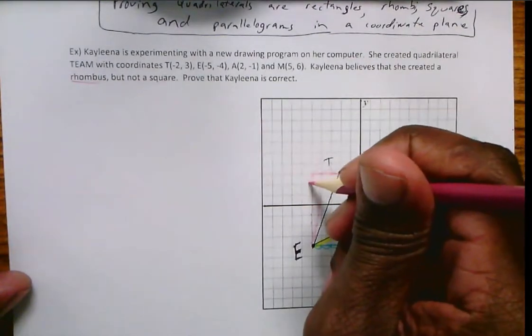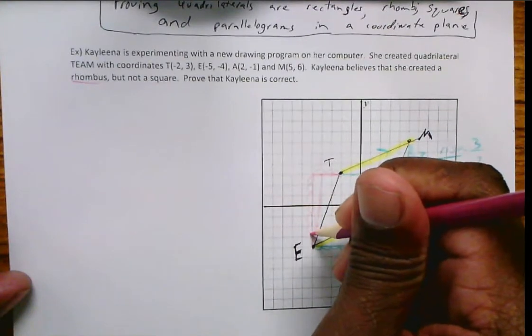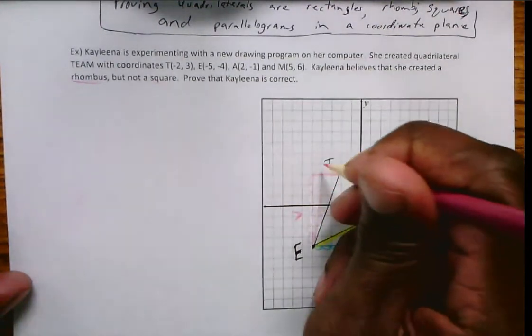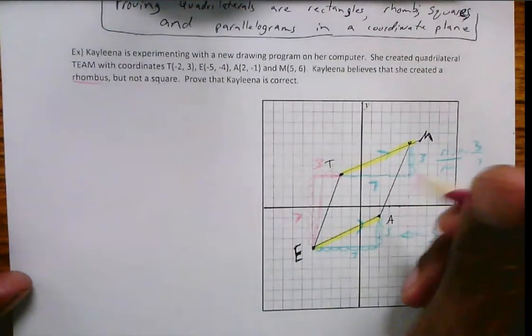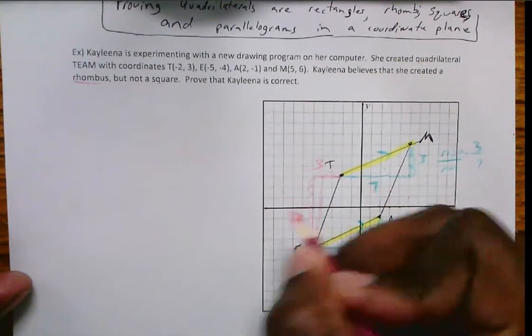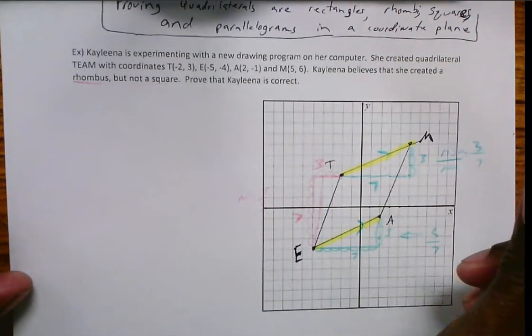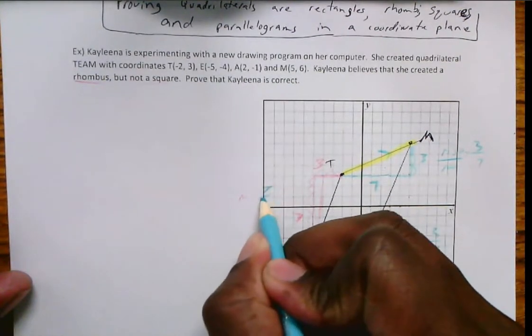And down 1, 2, 3, 4, 5, 6, 7. So that slope is 3/7. Oh, I'm sorry, read it 7/3. Let me make that look a little better. It's too light. So it's 7/3.